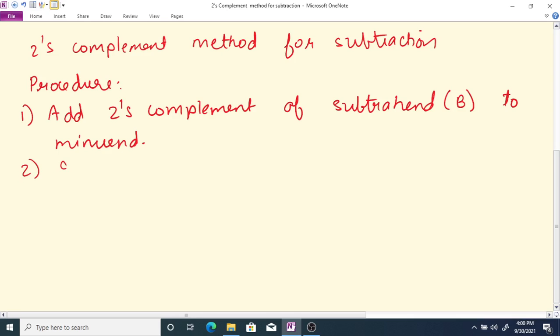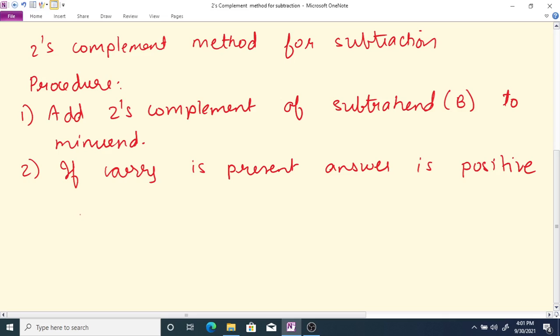Second step, if carry is present, answer is positive and discard the carry, or delete the carry.